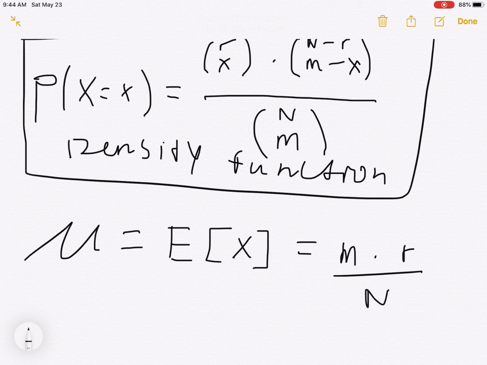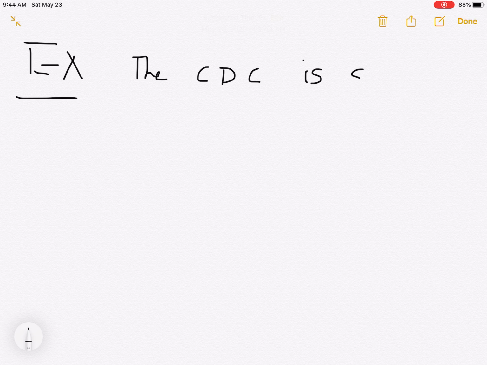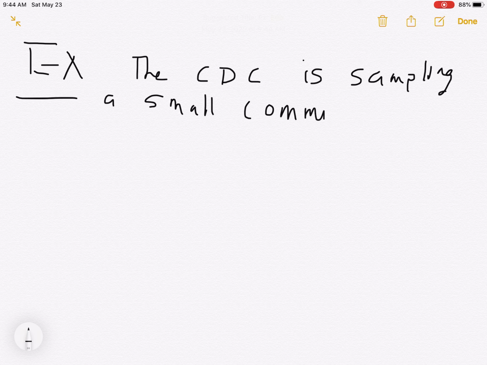All right, so let's do one more example here. Now, when I calculate these probabilities, I actually don't use the density function formula. I just think through it, and it always just comes to my mind. Okay. So the CDC is sampling a small community of 100 individuals.